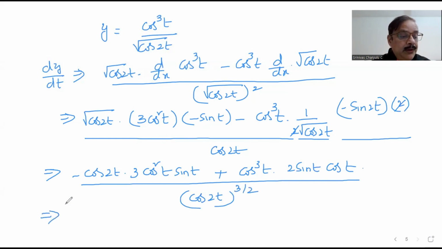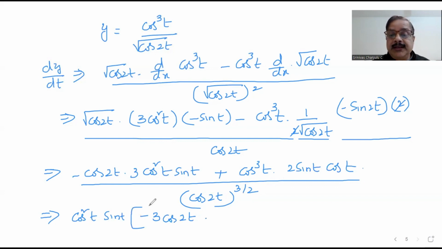Okay. Now here we will take out common cos square t sin t. First one minus 3 cos 2t. Here what did we take out? Cos square t sin t. So here one more cos square t will remain.